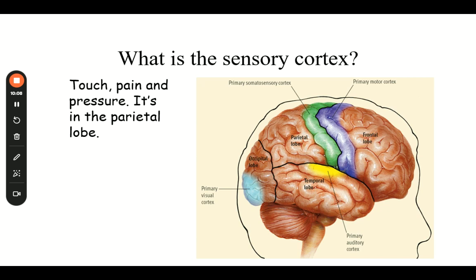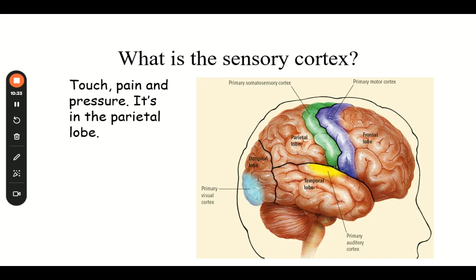So if you get slapped on your right arm, ow, you'll feel it in your sensory cortex on the right side of your brain, on your right side of your sensory cortex. If I get a burn on my right elbow, I'm going to feel it on the left side of my somatosensory cortex.